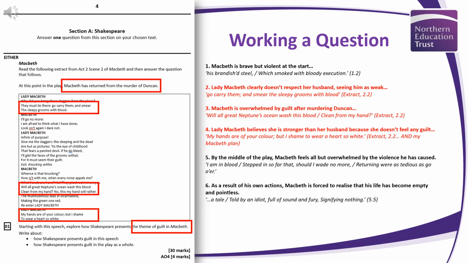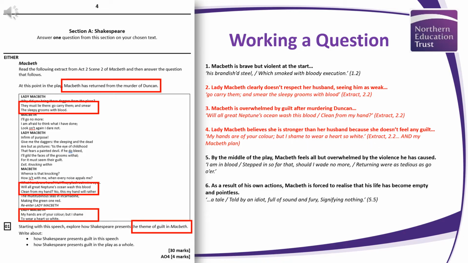Now, thinking about the essay on Macbeth that I've already got mapped out, I'll probably use my first paragraph, then slot in the extract, and then use my last few. That means it would look something like this little structure on the right-hand side. So he's brave but violent at the start, "brandished steel," etc. Fine, got that one sorted. Then the extract. Lady Macbeth doesn't respect her husband.